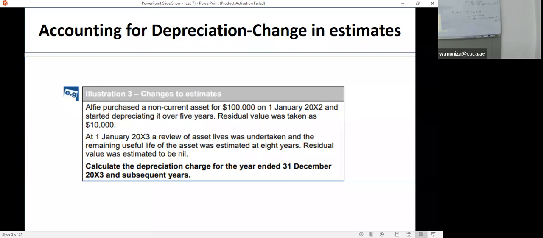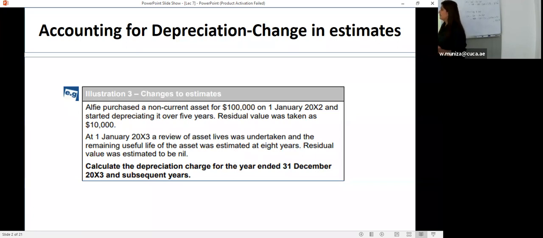Clear? Okay, they say they started depreciating it over 5 years. Residual value was taken as $10,000. At 1st January 2003, a review of the asset's life was undertaken, and the remaining useful life of the asset was estimated at 8 years.